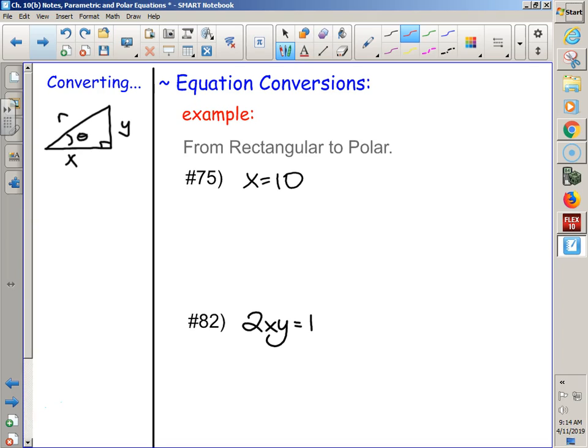Yeah, cosine. So therefore, couldn't I go ahead and say x is equal to r cosine theta? Couldn't I substitute? If you had this, you could do r cosine theta is equal to 10.